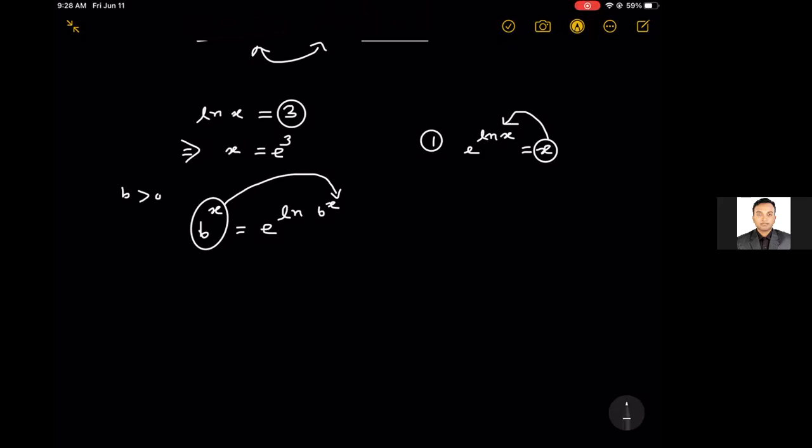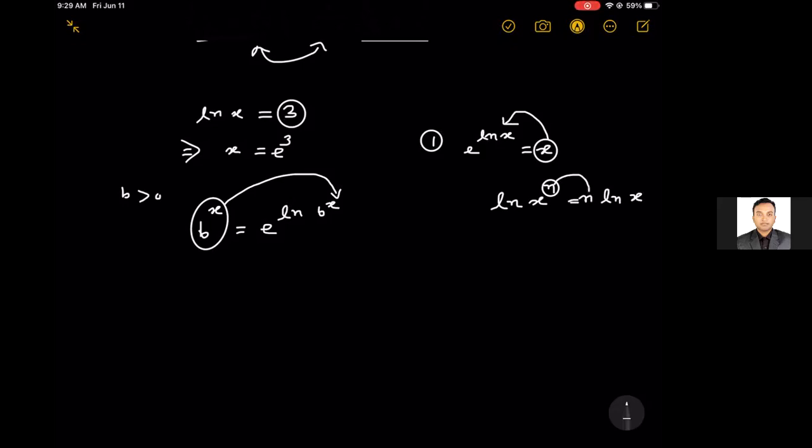And we're going to use another property of logarithm to simplify this. So we know if you have natural log of x to the n, you can rewrite the exponent in front and write like this.